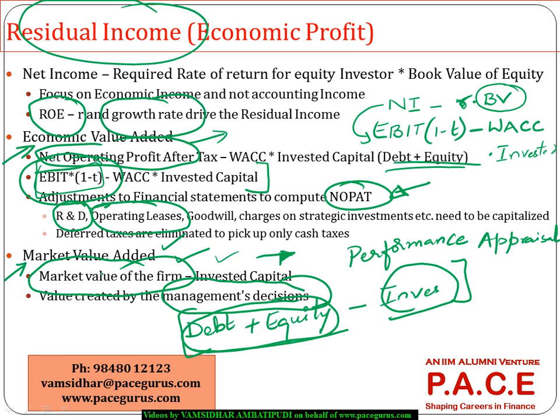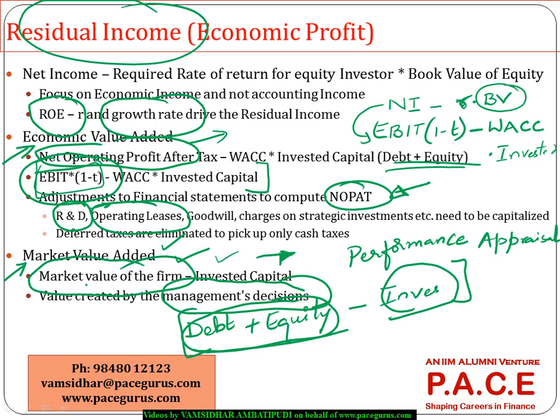So it is suggested that whichever things can be capitalized, especially R&D, operating leases, goodwill, and any kind of amortizations, you better capitalize them, and based on those capitalized values, update the income statement, and from there compute the operating profit after tax.